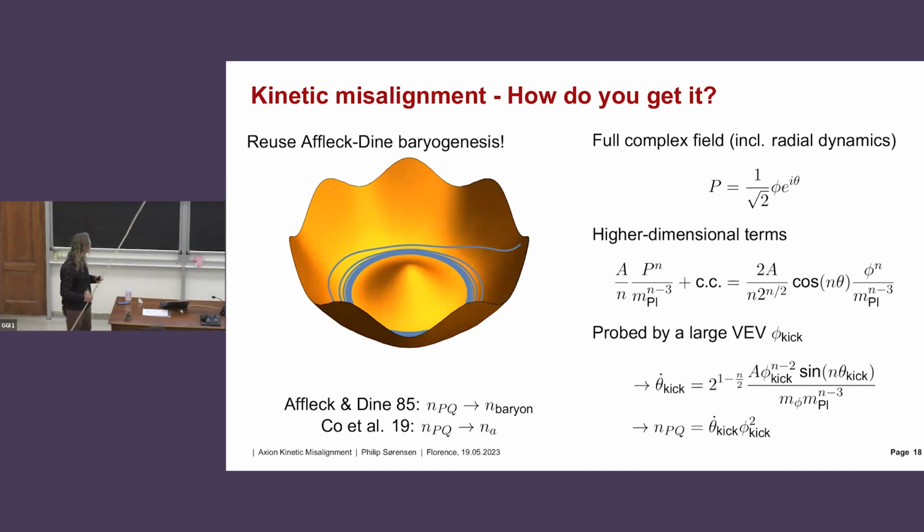So for those of you not very familiar with how Affleck-Dine baryogenesis works, let me just go through how this works. What you do is that you introduce higher dimensional operators, P^n over some large scale, where P is the full complex scalar field. And then this gives you an angular gradient that you only feel at very large field values. So if you start rolling from some large radial value, then you will feel the angular gradient and start rotating.